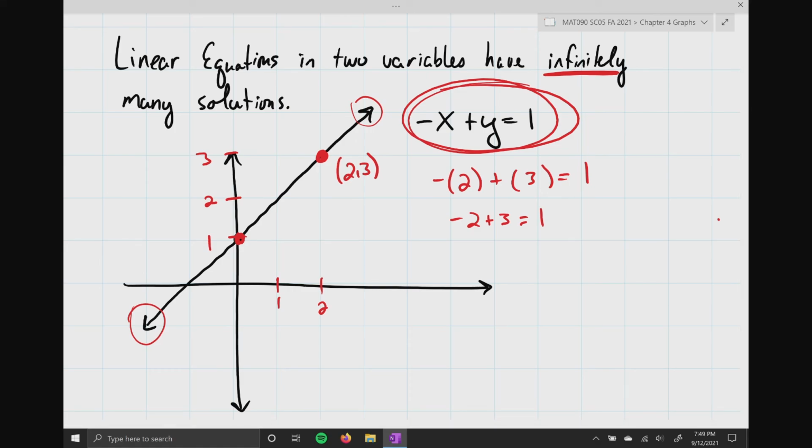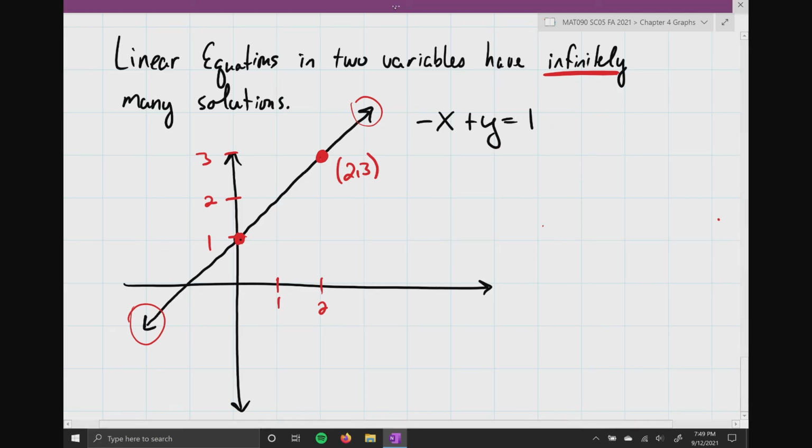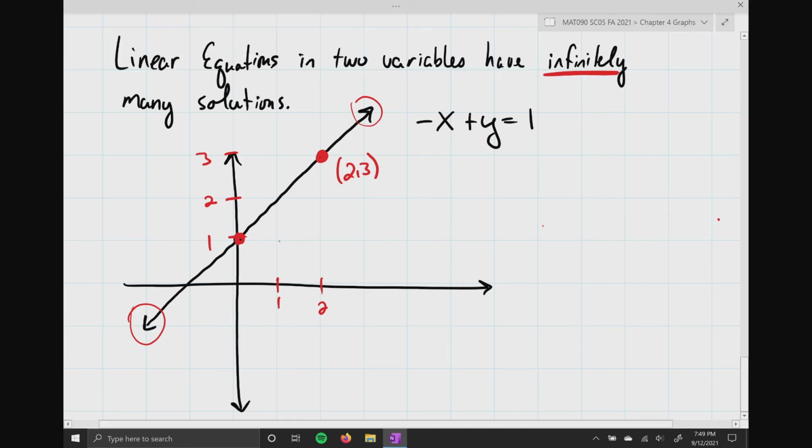Now I think I should show you a point that is not on this line and show you how it fails. So let's pick the point, and I'm going to use a completely different color here. We'll use green. Let's pick this point right here, (1, 1). When I make my substitutions, x equals 1 and y equals 1, negative 1 plus 1 equals 0.